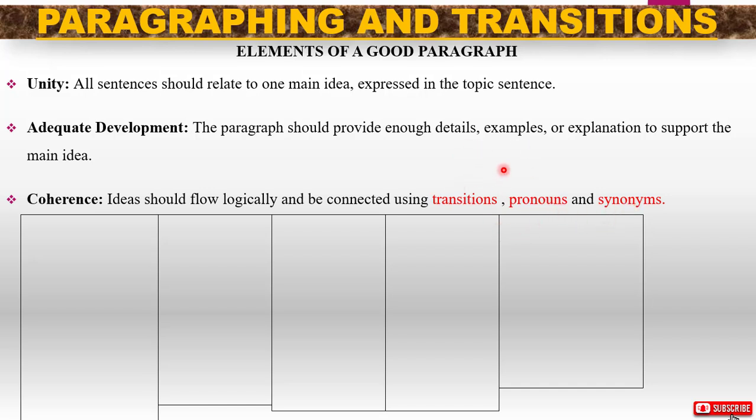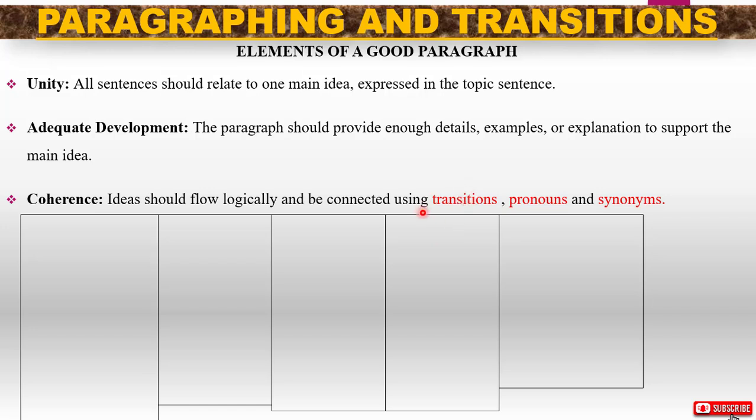For your topic sentence and your supporting sentences to flow logically and be connected, you must use what we call transitions or pronouns or synonyms. This will help your readers to see how connected your ideas are. So, the act of linking ideas in a paragraph using transitions, pronouns, and synonyms is what we call coherence.